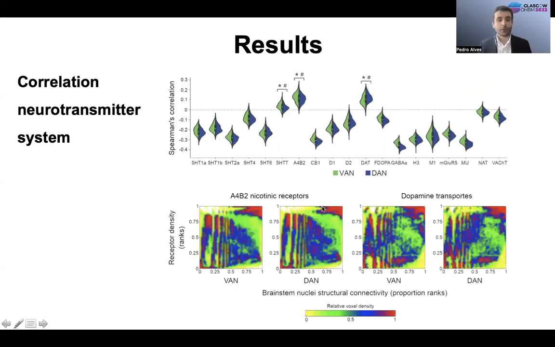Finally, the correlation analysis with neurotransmitter systems has shown that the distribution of VAN and DAN was especially correlated with the distribution of alpha-4 beta-2 acetylcholine nicotinic receptors, and also with the distribution of dopamine and serotonin transporters.